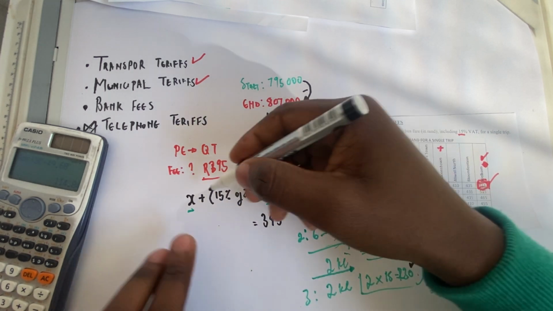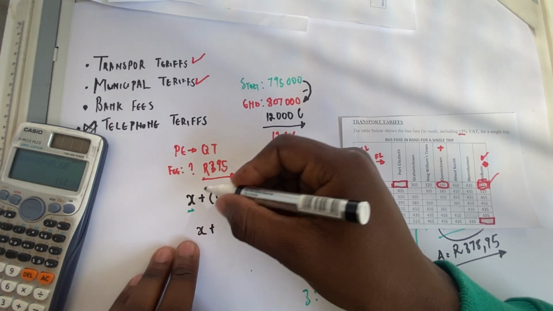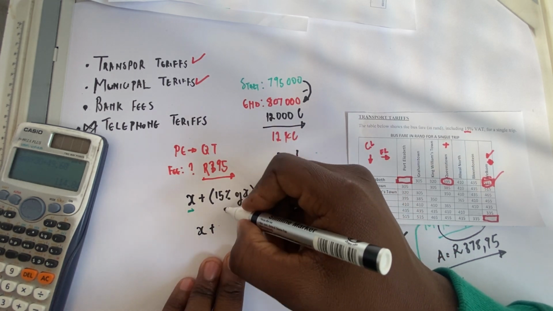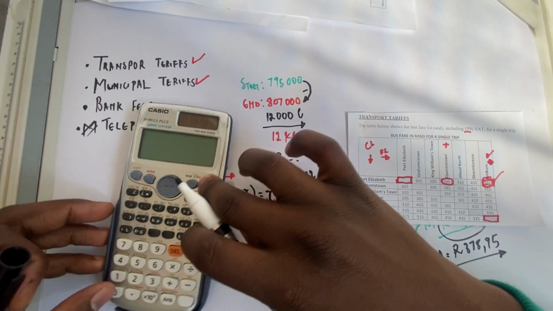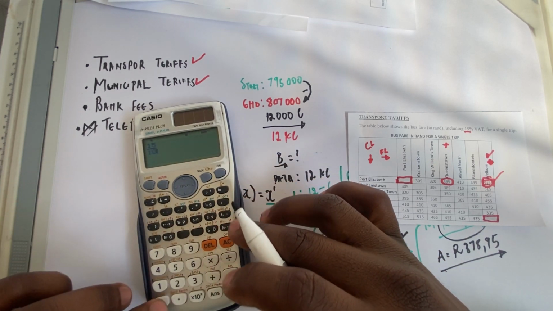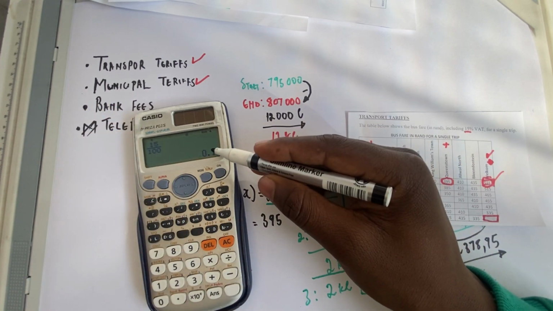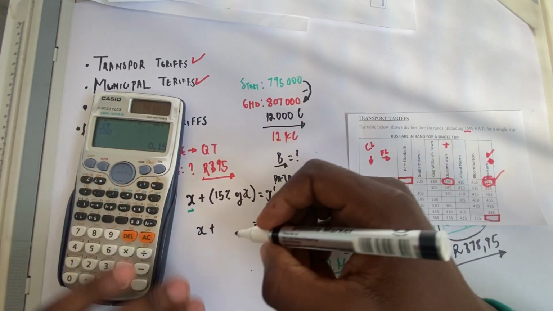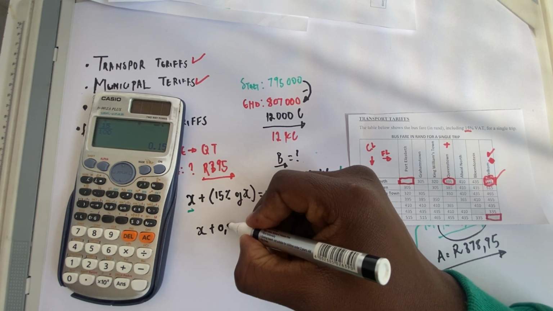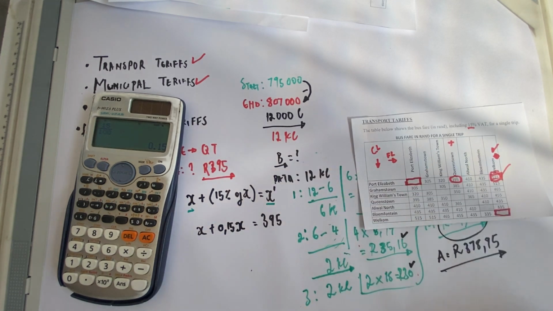On this side, I'm going to write X amount plus 15%. 15% is going to be 15 divided by 100, which gives me 0.15. It is 0.15 of the amount that I don't know.